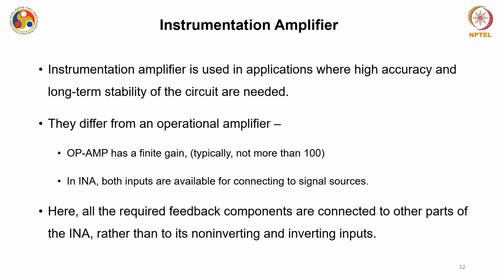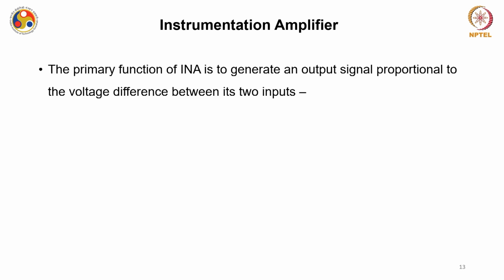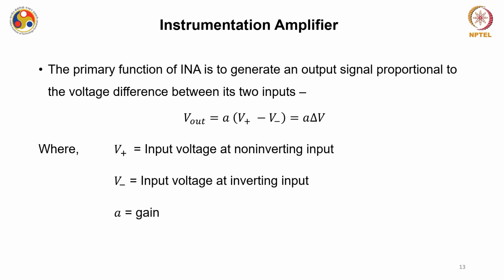Here all the required feedback components are connected to other parts of the IA rather than to its non-inverting and inverting inputs. So you do not have a compulsion to only configure or to give input at inverting and non-inverting inputs. The primary function of an IA is to generate an output signal proportional to the voltage difference between its two inputs, and that's why we initially call it a differential amplifier.